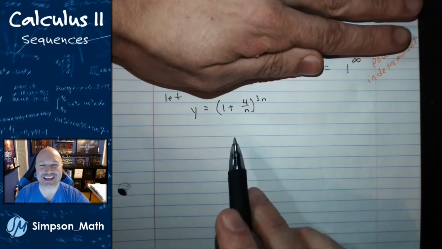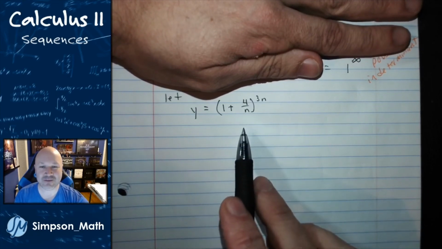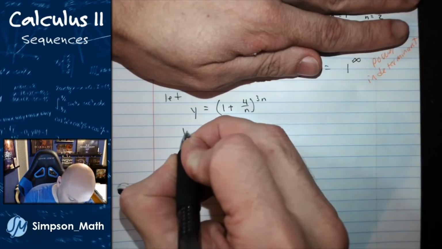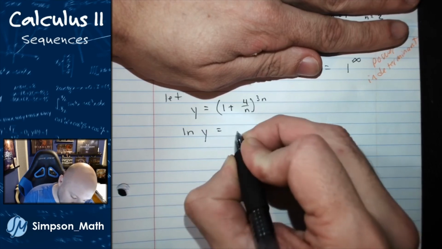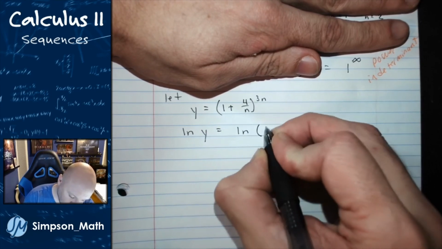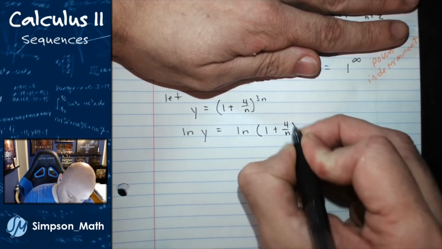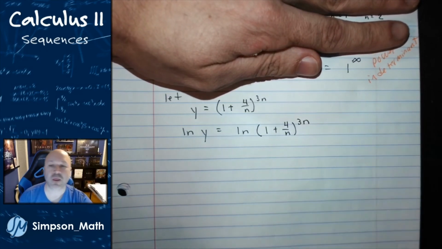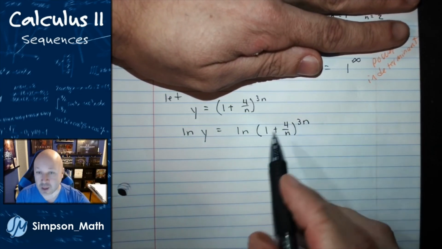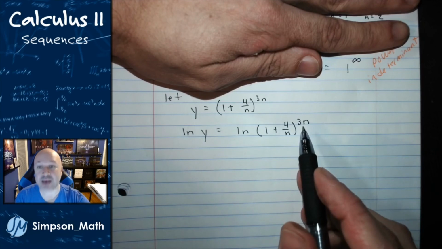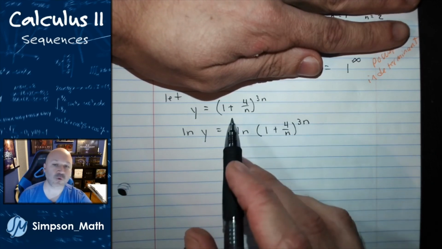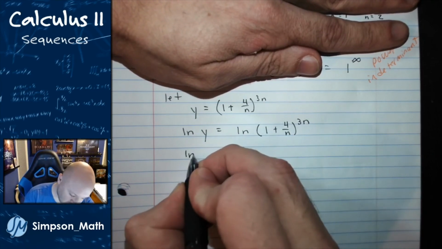What I'm going to do is talk about the function itself, and take the natural log of both sides. This is review. The log has a power of 3n, so I can roll it off the log and treat it as a coefficient.